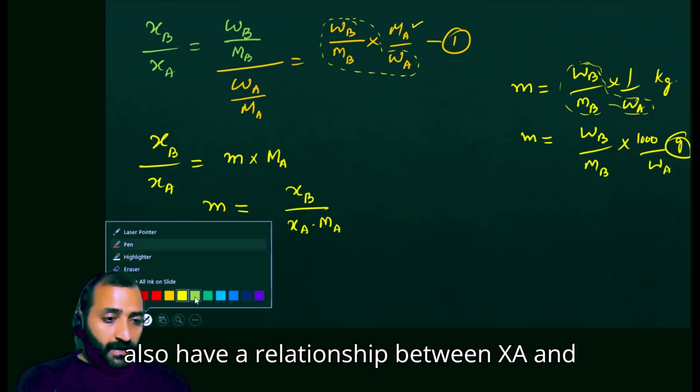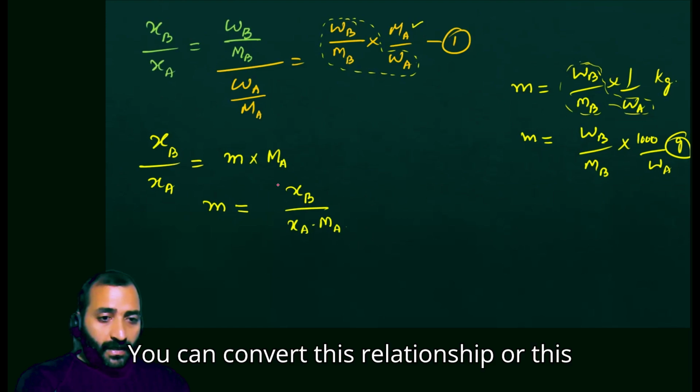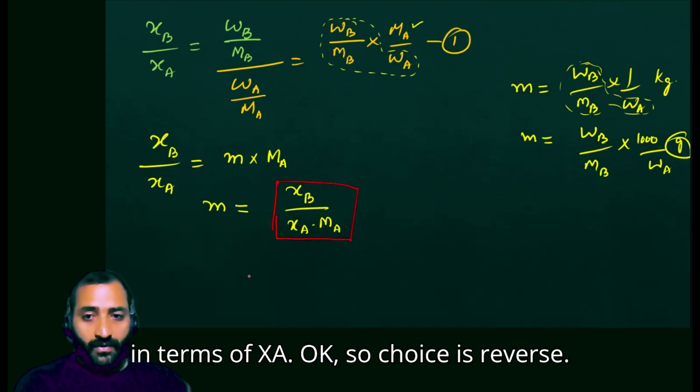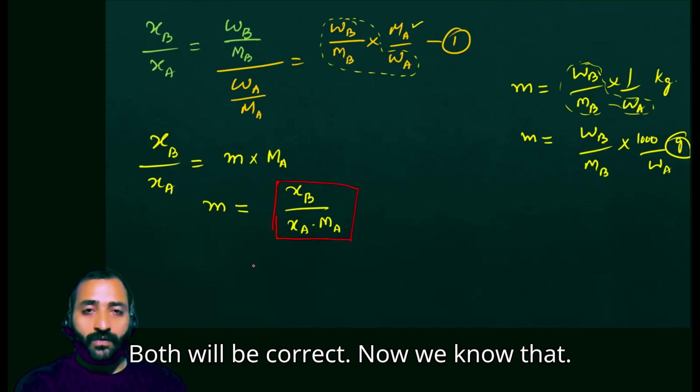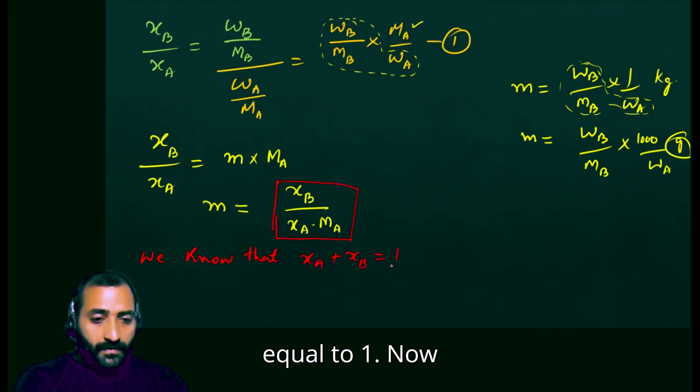But we also have a relationship between Xa and Xb. So you can convert this equation either in terms of Xb or in terms of Xa. Okay, so choice is yours. Both will be correct. Now we know that Xa plus Xb is equal to 1.